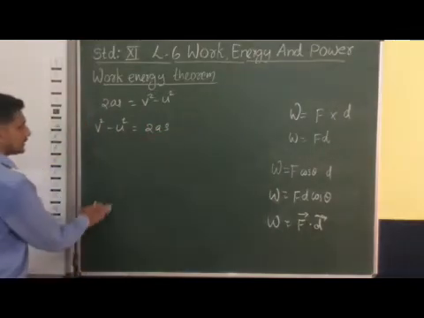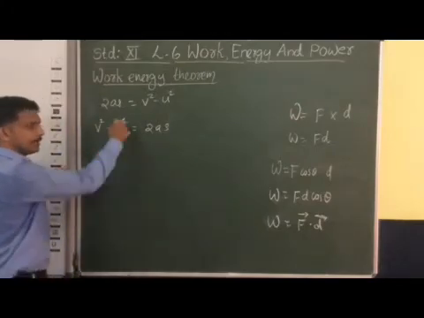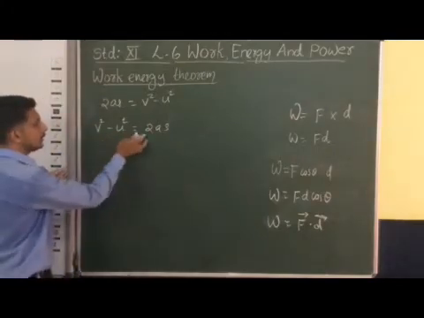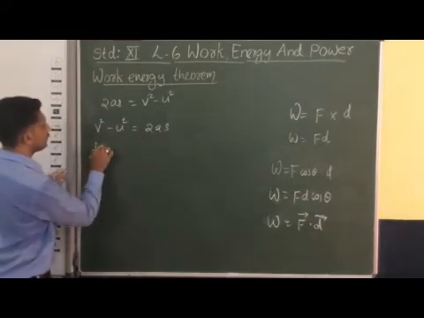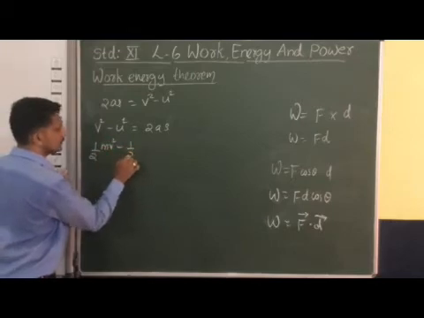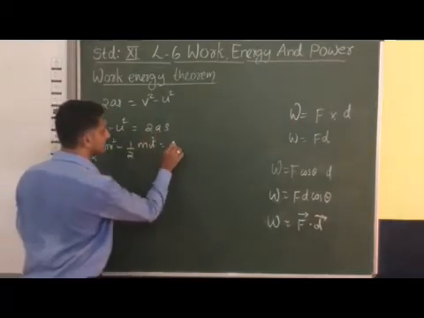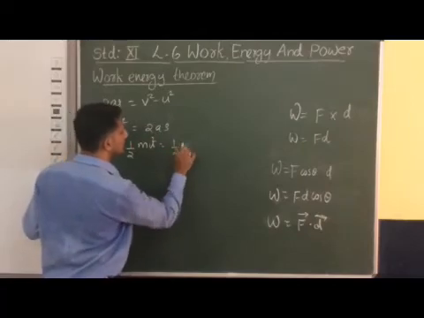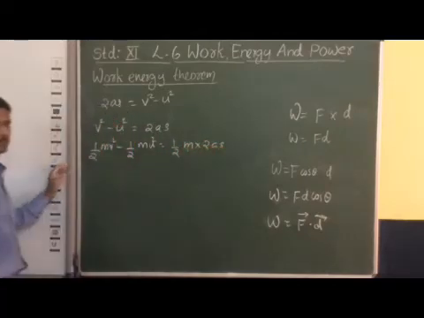Now rearranging, multiply both sides by half m. So half m v square minus half m u square is equal to half m into 2as.